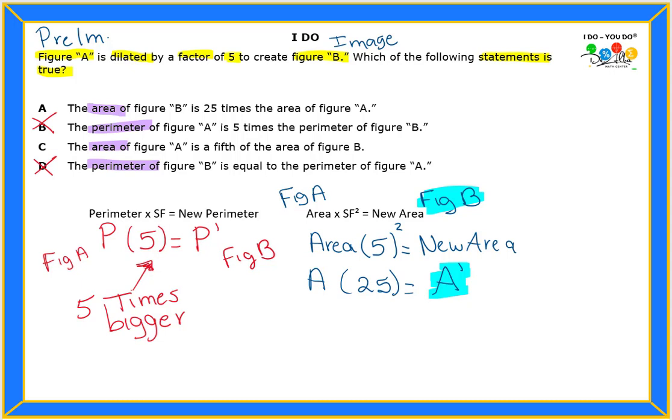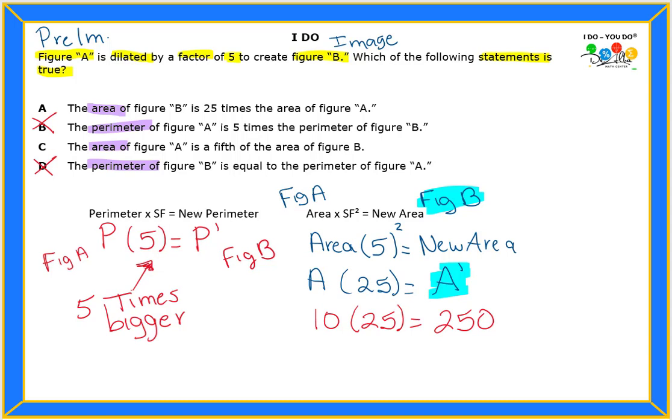So what about if we write some numbers? Maybe that can help us. Let's suppose the area for figure A is, I don't know, you can put any number that you want. We'll put 10. And if you multiply by 25, that will give me 250. I'm writing numbers for area just to make it more understandable.